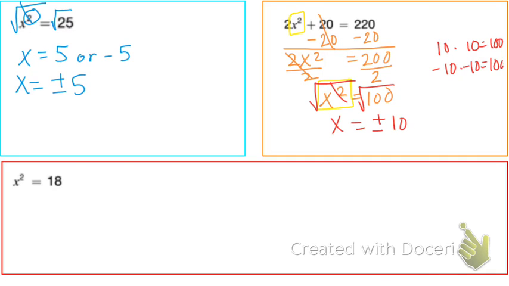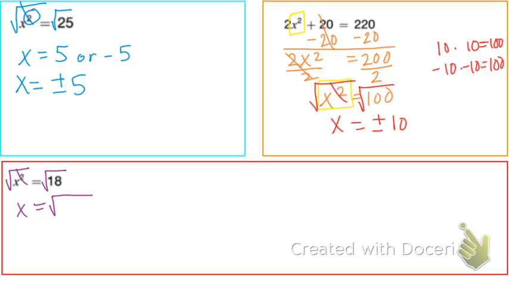Now let's do the last one here, x squared equals 18. So if we try to undo the square by taking the square root, and you put square root of 18 in your calculator, it's going to give you a decimal. So what you do at that point is you break down the 18 into factors.